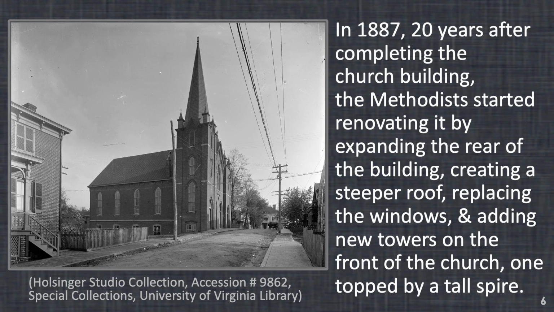In 1887, only 20 years after completing their second church building, they started renovating it by expanding the rear of the building, creating a steeper roof, replacing the windows, and adding new towers on the front of the church, one topped by a tall spire.